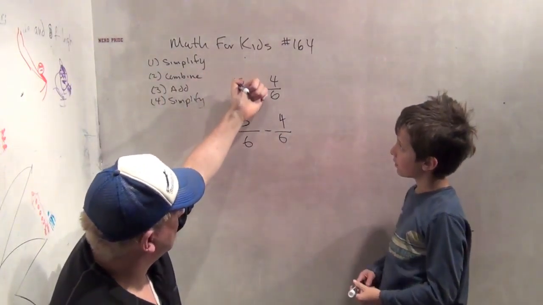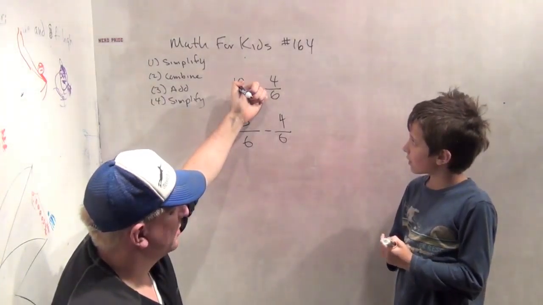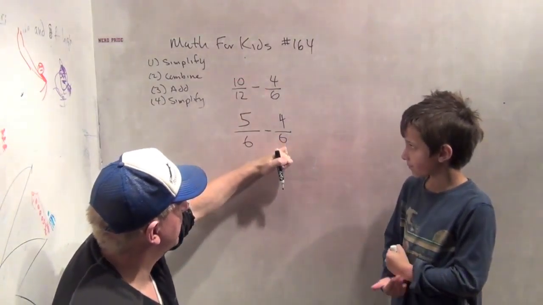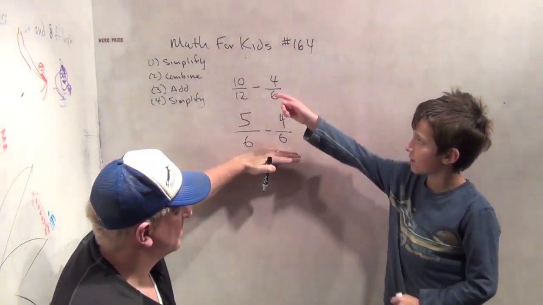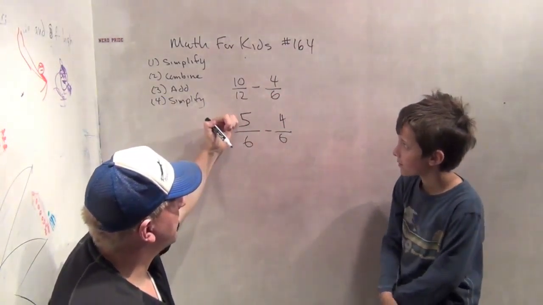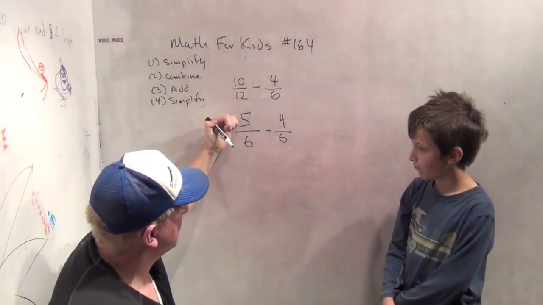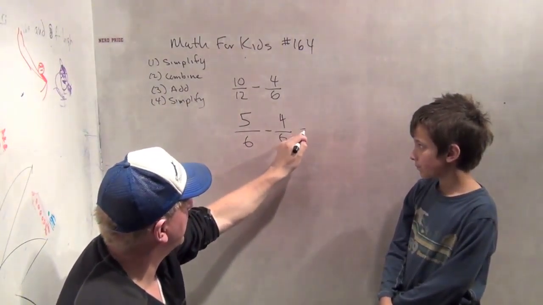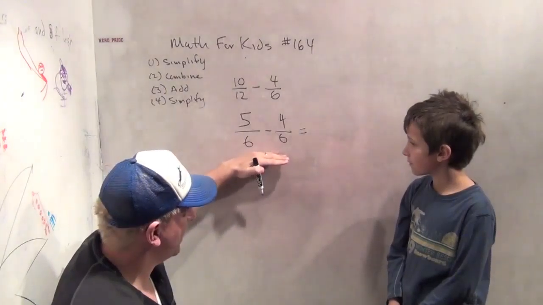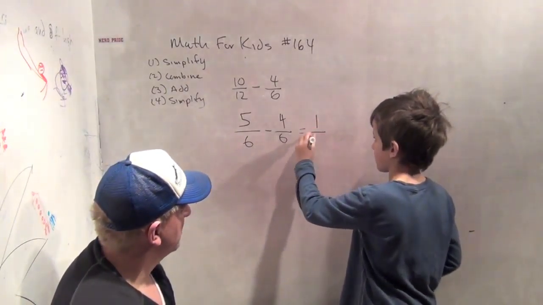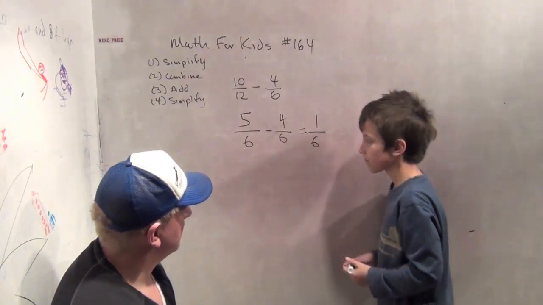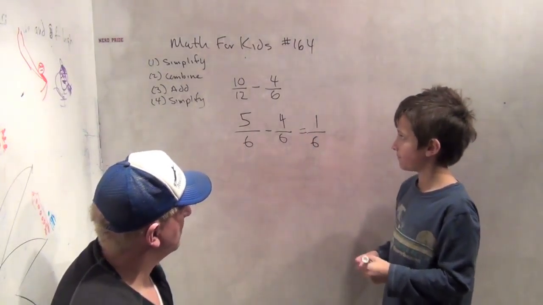You could simplify 4/6 to be 2/3, but you may as well leave it as 4/6. Why? Because 10/12 is 5/6. So 5/6 minus 4/6, we already know how to do that because they have a common denominator. It's just 1/6. Yay.